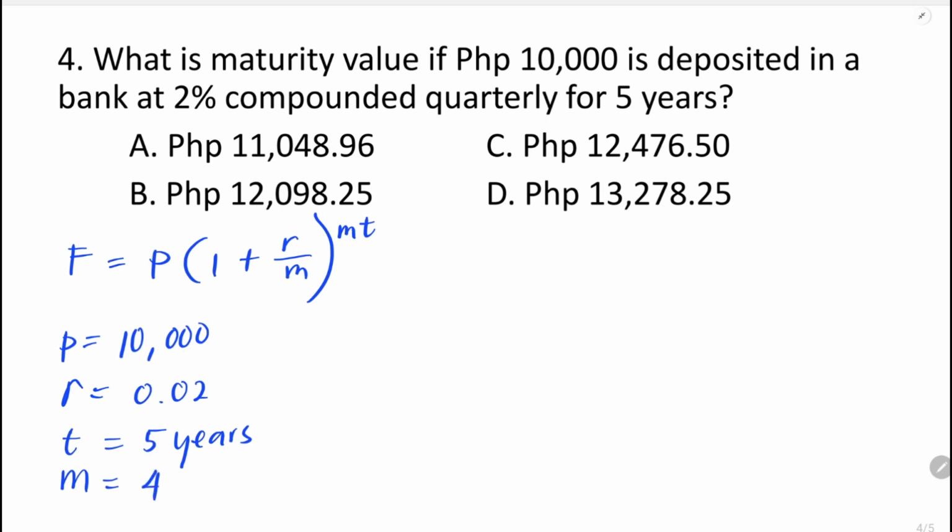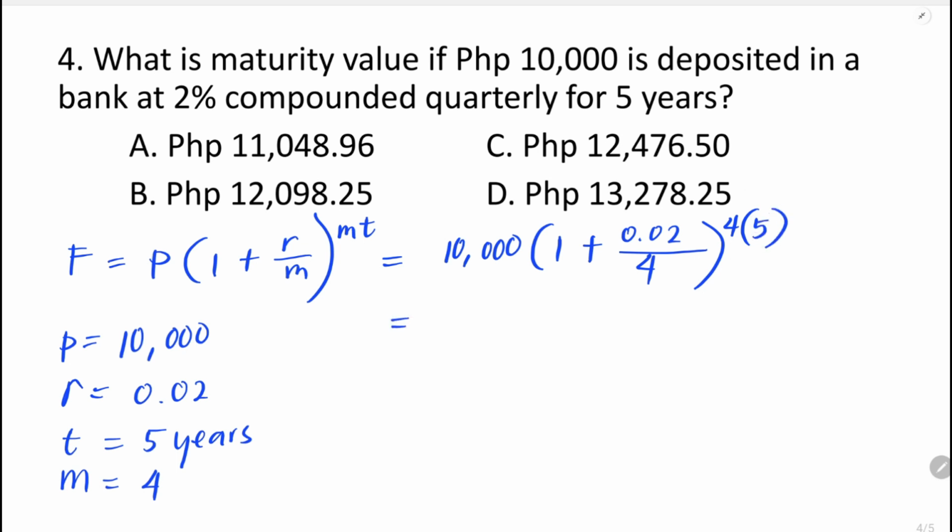Our M is 4. Then, i-substitute natin dito sa formula. P is 10,000 times 1 plus our R is 0.02 over M over 4 raised to MT. Our M is 4 times T, this is 5.